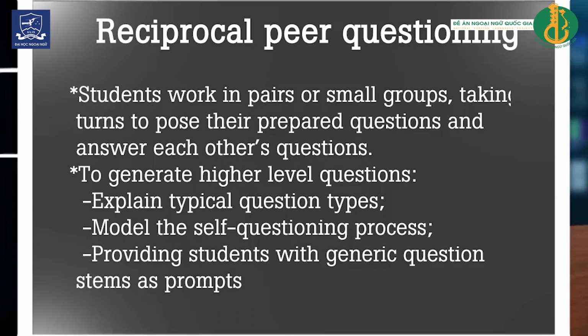To help students generate high-level questions, teachers can explain typical question types and model the questioning process in English reading by Think Aloud. Another helpful way is to provide students with generic question stems as prompts. For example, a question stem such as "How does... affect..." calls for the skills of analysis of relationships between ideas, cause and effect.